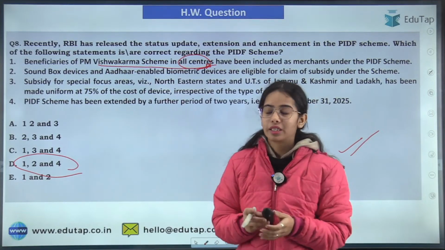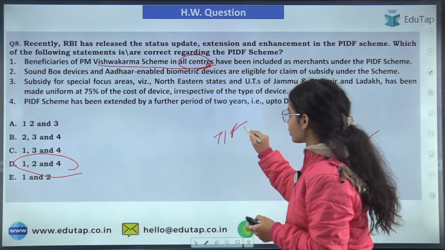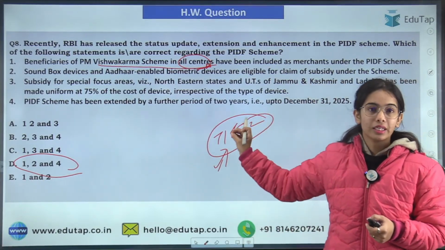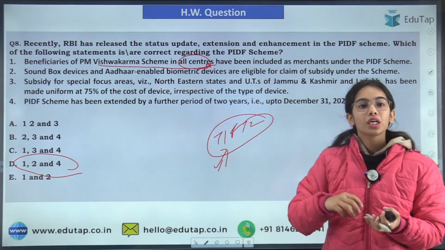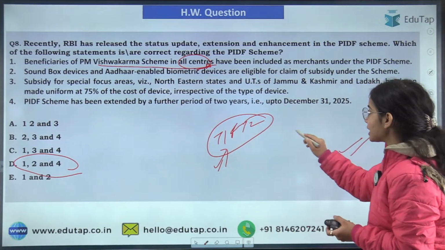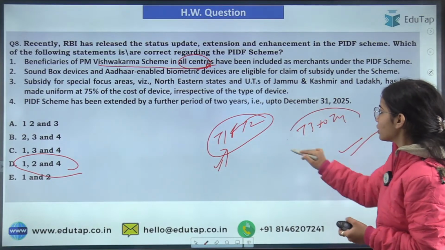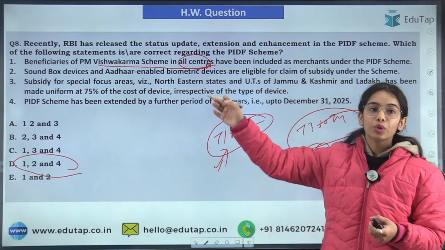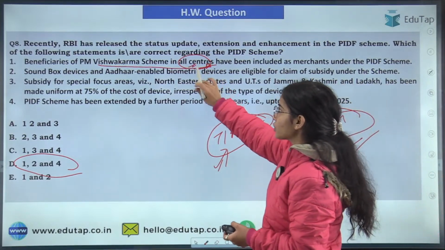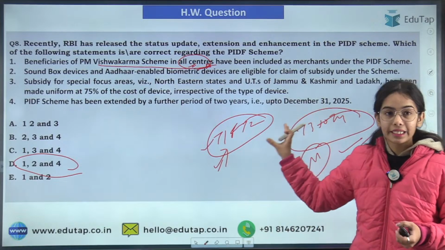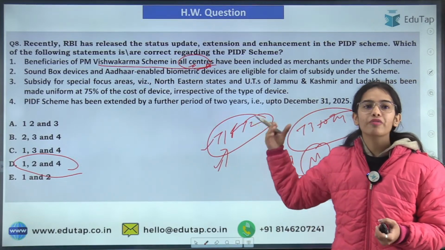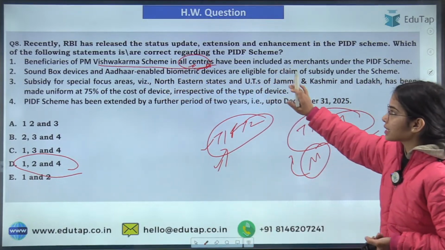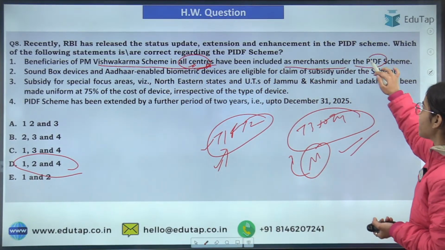Beneficiaries of PM Vishwakarma get the benefit through the PIDF scheme, and in tier 3 to tier 4, all the merchants get benefit under PM Vishwakarma. Since all centers is written, tier 1 and tier 2 beneficiaries will also come in this. So beneficiaries of PM Vishwakarma in all centers have been included as merchants under the PIDF scheme.